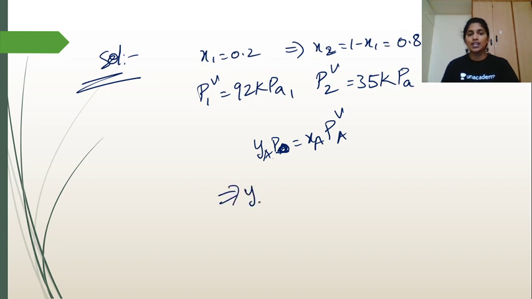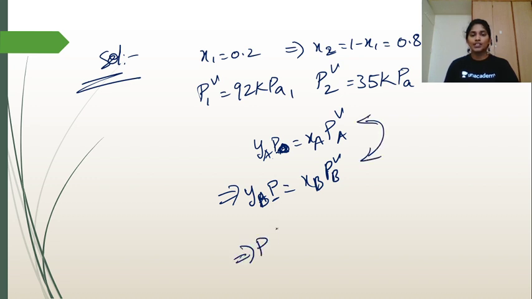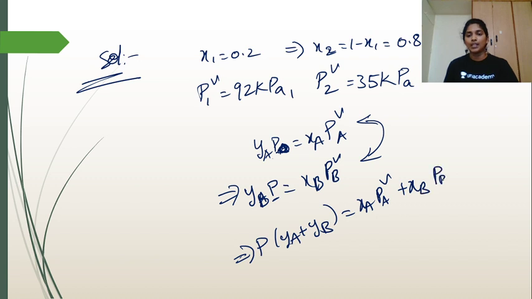So from this we get YA, and at the same time YB into P is equal to XB into PB saturated. We don't know what is the total pressure in the system, right? So if you add these two, what you'll be getting? P into (YA plus YB), which is equal to XAPA saturated plus XBPB saturated.